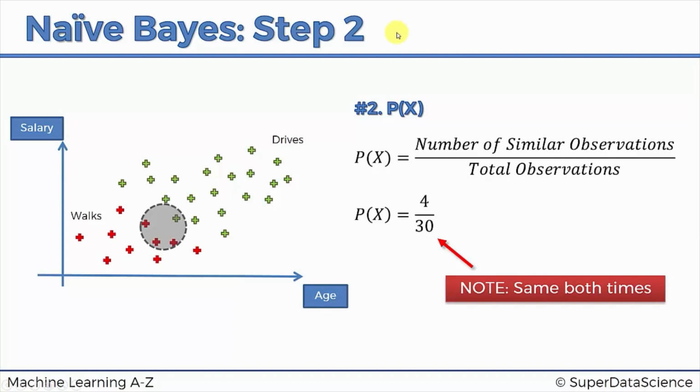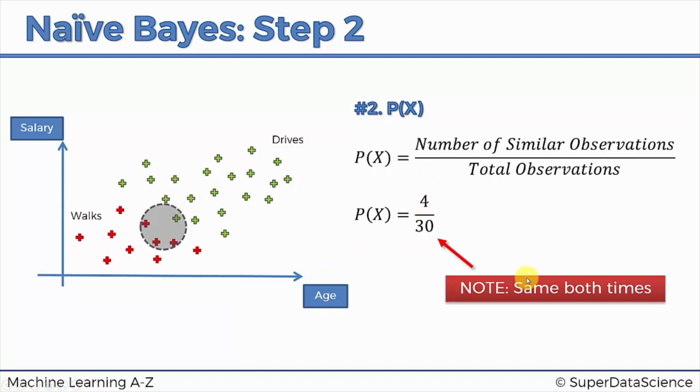So this is in step 2. In step 1, where we were calculating for the people who walk to work, it was the same. So basically P of X doesn't change whether you're calculating it in step 1, where we were calculating the probability that the person with these features is a person who walks to work, or if you're calculating in the step 2 scenario, where you're calculating if that person with these features is a person who drives to work.